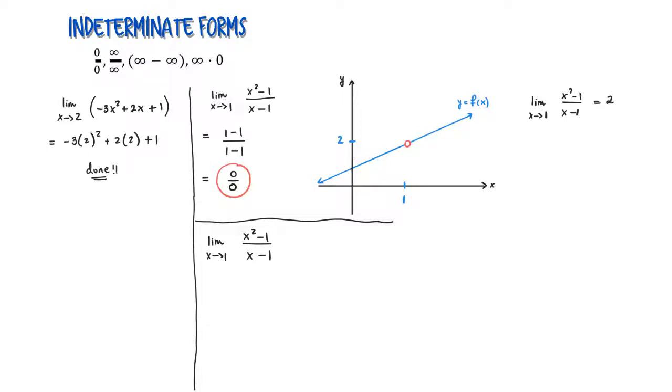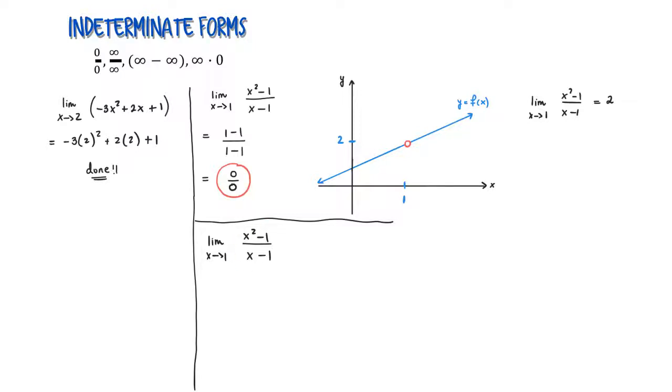The first thing that you want to do is to check if the function, in this case, this function here, is continuous at 1. Because if the function is continuous at this number a, then direct substitution gives you the limit immediately.